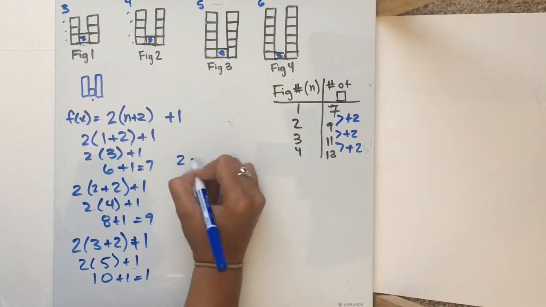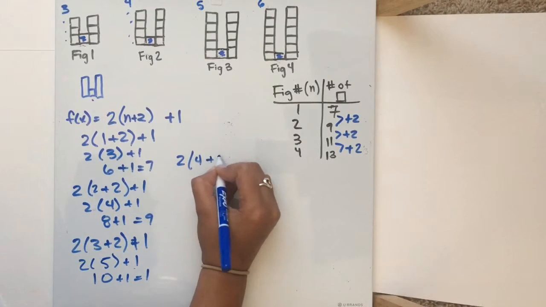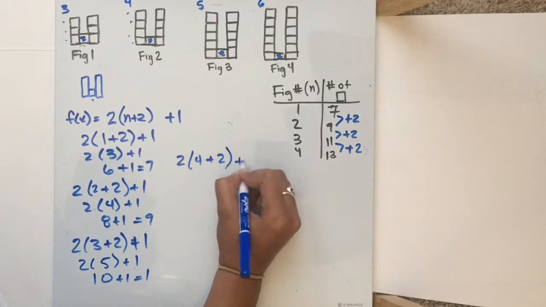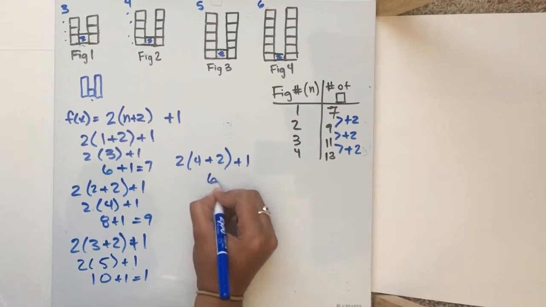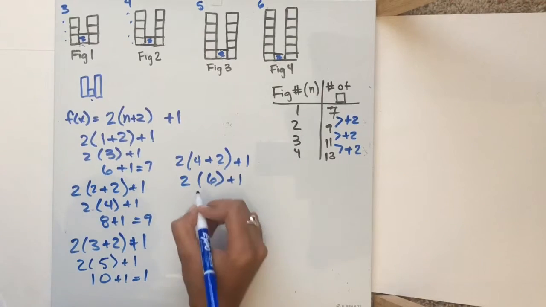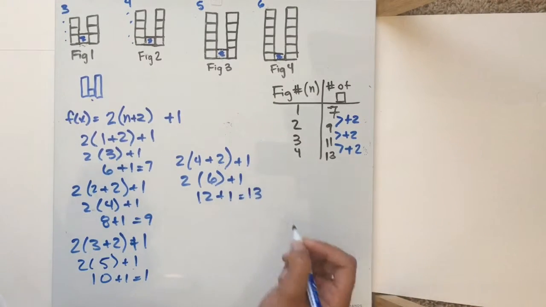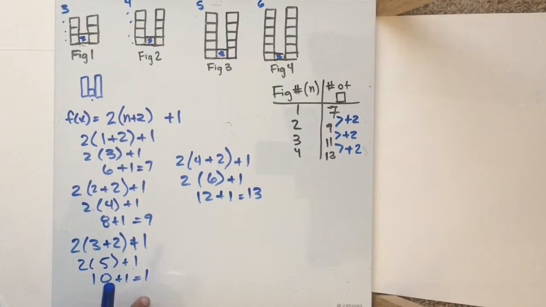For figure 4, there's our 4 for the n, plus 2, so we have 6, multiplied by 2 is 12, plus 1 equals 13. So it does check out for all of the figures.